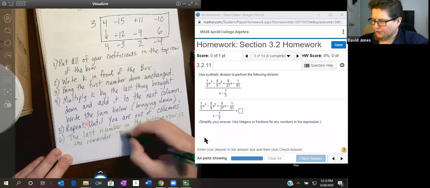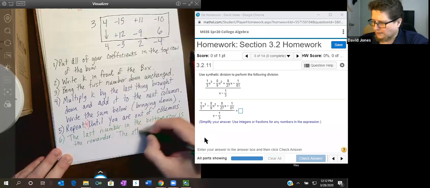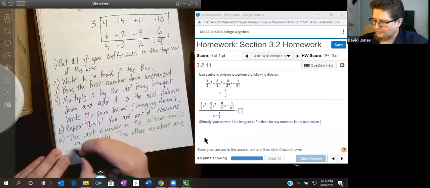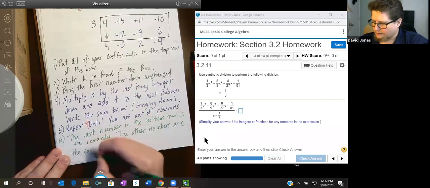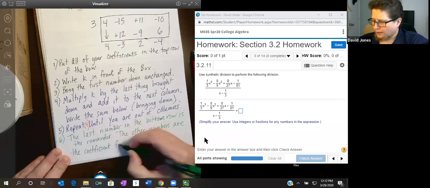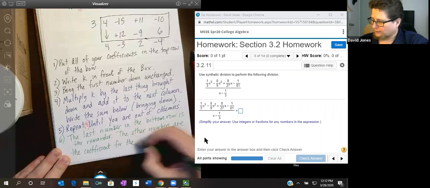The other numbers are the coefficients for the polynomial 1 degree lower.